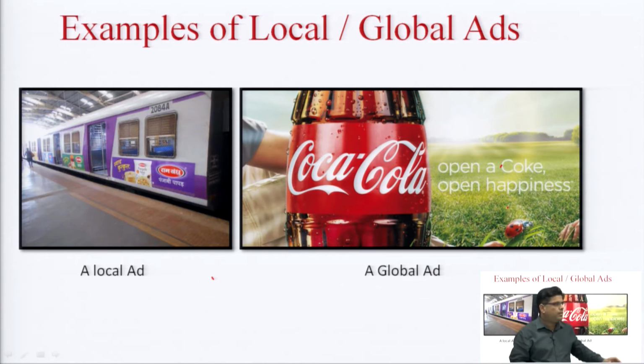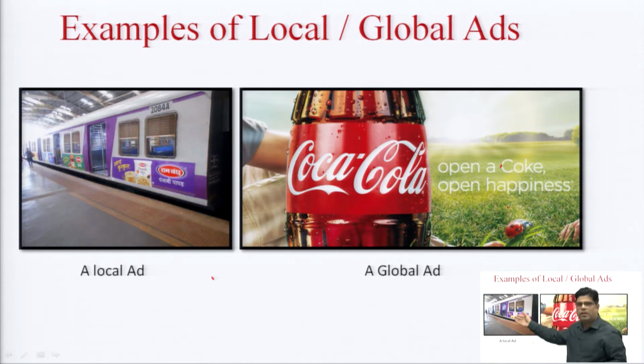And for this global advertisement, Coca-Cola must have certainly chosen platforms such as internet and television instead of going for platforms such as a local train. So, this slide has two pictures, and these two pictures can easily explain the difference between a local advertisement and a global advertisement.